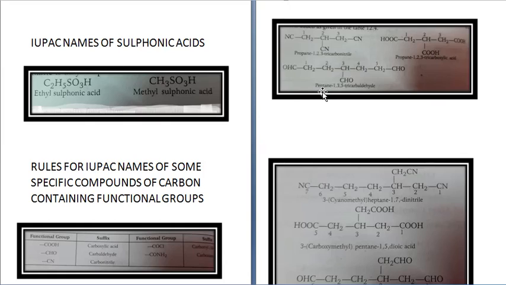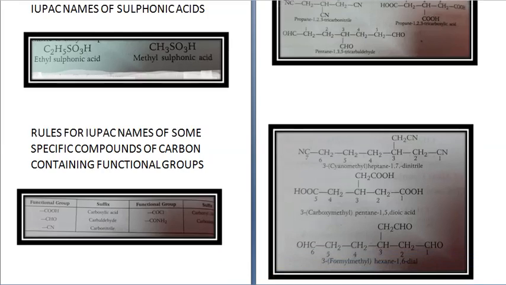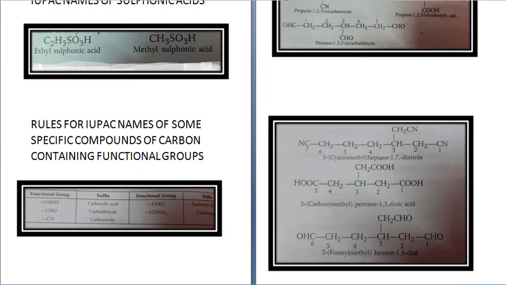Now we come to IUPAC names of acid anhydrides. Anhydride, you know, is formed when one water molecule has been removed, so they are combined together by a single oxygen. They are known as anhydrides. See here, CH3CO, CH3CO.